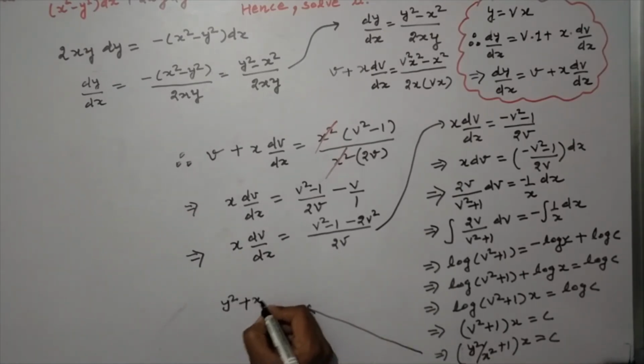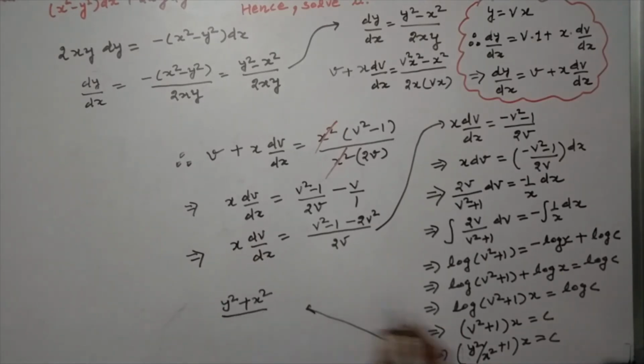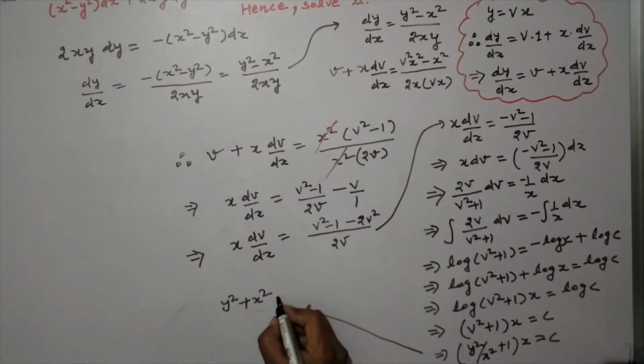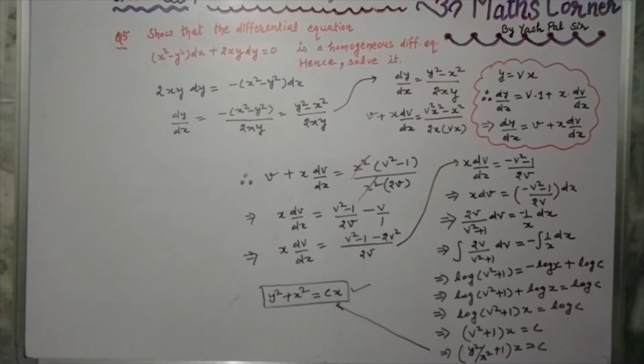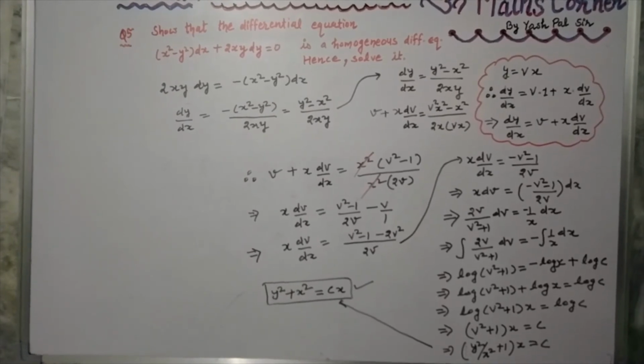So we can conclude this as (y² + x²) upon x² into x, so that means upon x, or on the right hand side we can take this is equal to c into x. So this is the solution of the given differential equation.